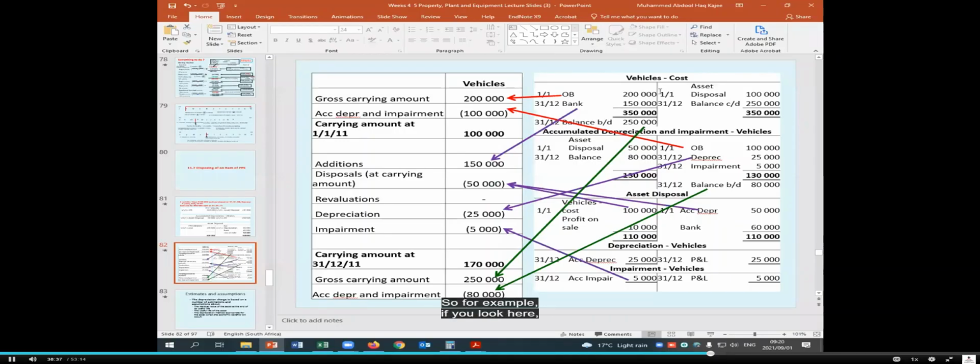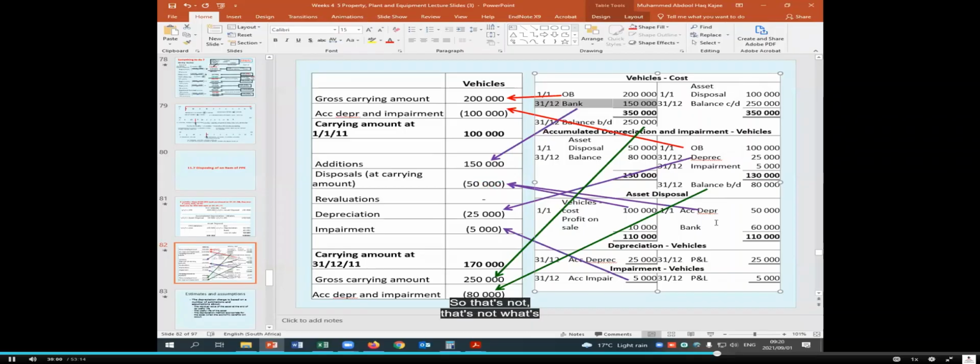So, for example, if you look here, at the end of the year they bought another vehicle for 150,000. Then there was also an impairment. I'm not going to go through those transactions. We've already discussed buying more PPE and impairing PPE.